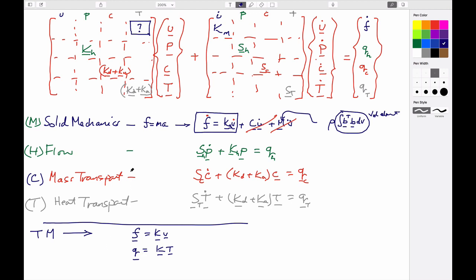So you can imagine that to be able to have some influence, you have to have terms in these off-diagonal locations. The other off-diagonal location that links both displacements and temperatures would be this one.